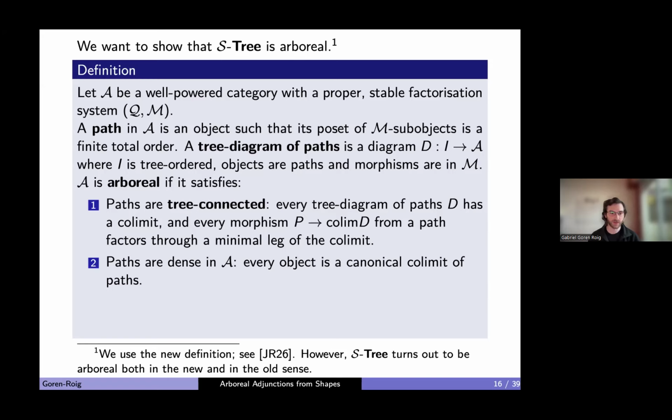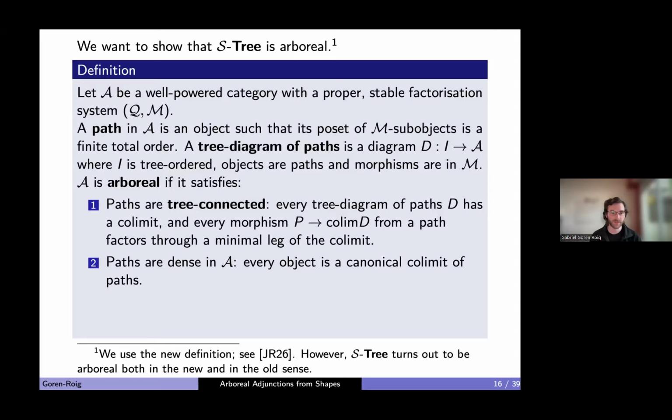The second axiom for arboreal categories is that this full subcategory of paths is actually dense. So I won't give the formal definition in full detail, but what this means is that every object in this category is a canonical co-limit of paths.